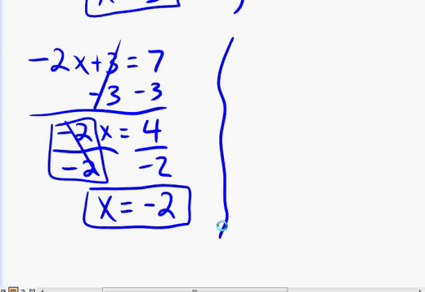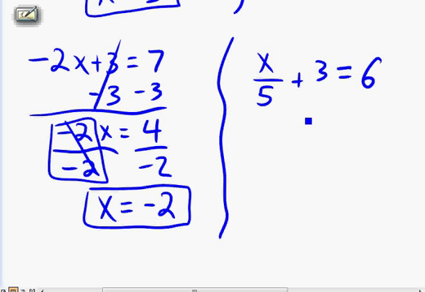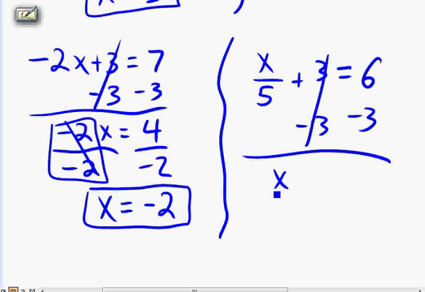How about this one? x over 5 plus 3 equals 6. Alright, so let's subtract 3 from both sides. We get x over 5 equals 3. And now how do we get rid of this 5 on the bottom?